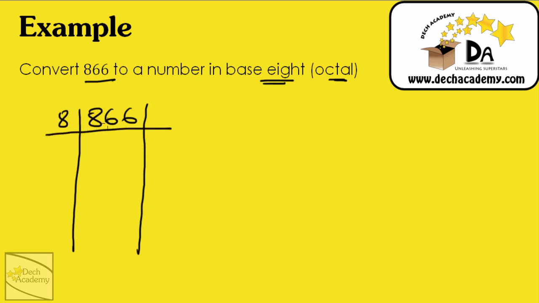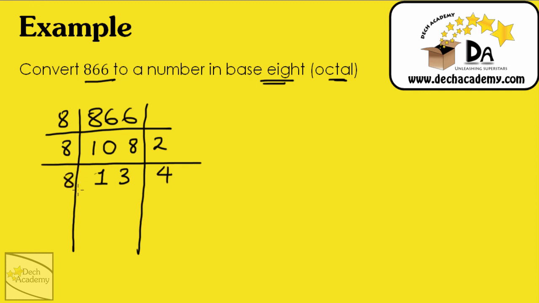So 866 divided by 8, that's 108, remainder 2. This is not a 0, so I divide by 8 again. 108 divided by 8, that's 13, remainder 4.